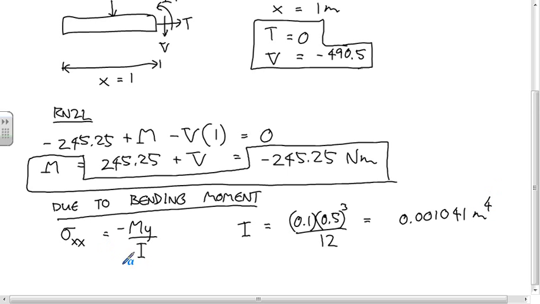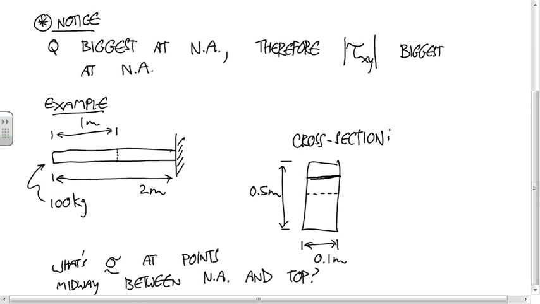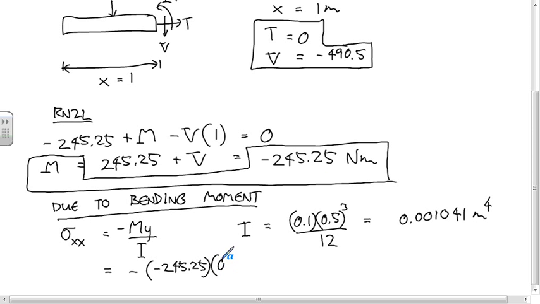Okay, so the XX stress due to bending is negative 245.25. Our y value is from the neutral axis to here, so 0.25, divided by I, 0.001041.